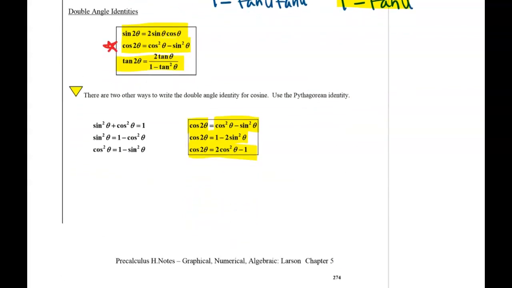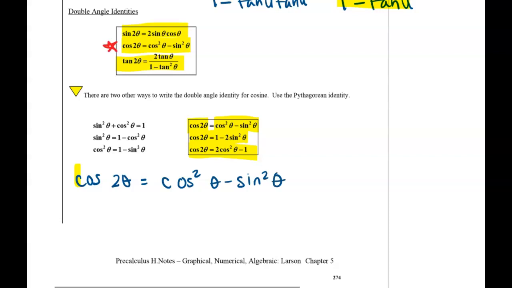We're going to start with cosine 2 theta, which is equal to this double angle identity, cosine squared theta minus sine squared theta. What we're going to do is take the sine squared theta and rewrite it using Pythagorean.